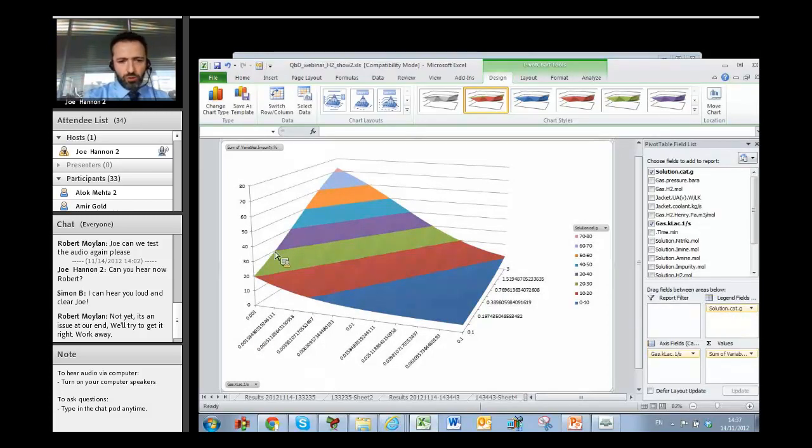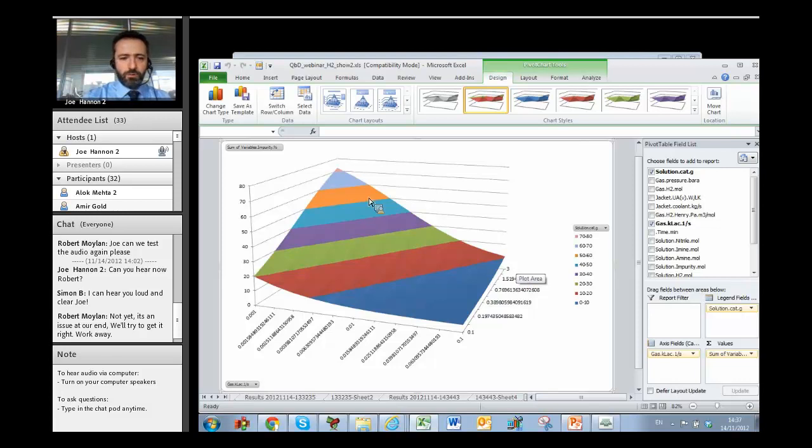So what this one shows is the percentage impurity, really effectively the relative area percent of impurity to product, plotted versus KLA, varying from typical pharma hydrogenator to bus loop reactor, and also versus catalyst loading, varying from a base case level of catalyst loading to a fairly high level of catalyst loading.